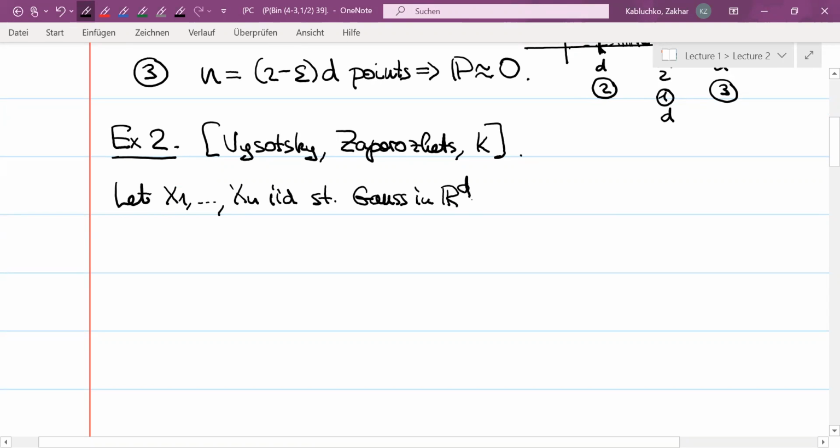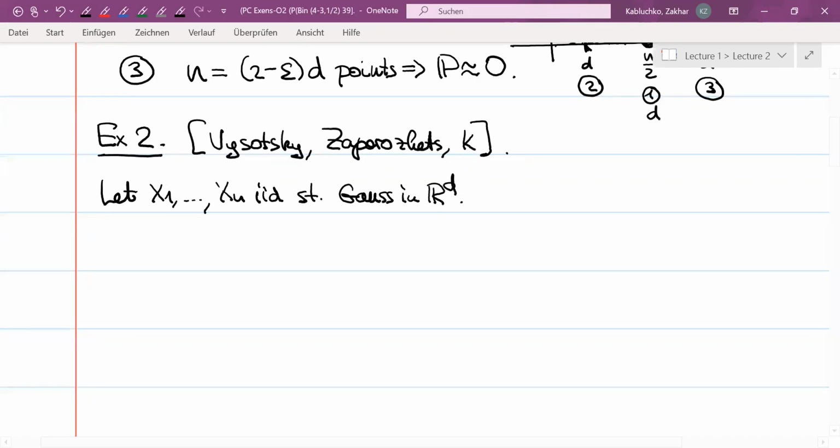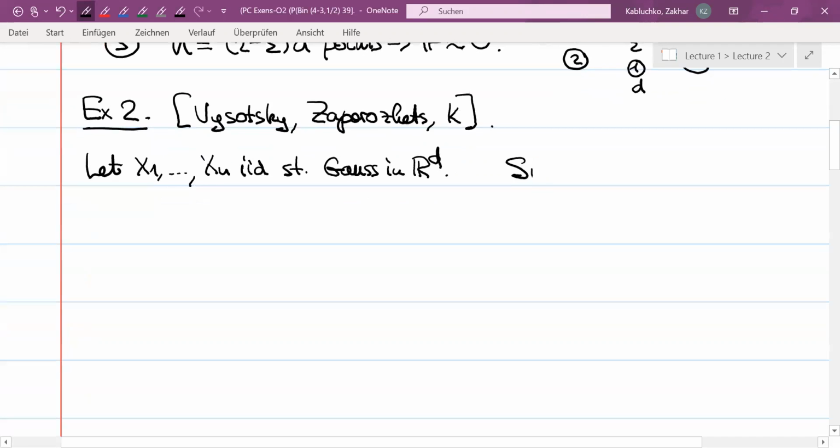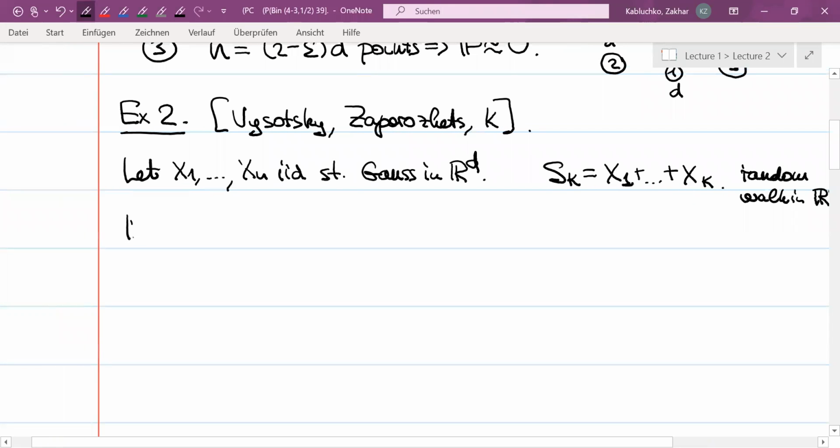In fact, the same thing holds for other distributions, but now let them be Gaussian. And we consider the Gaussian random walk with increments xi. So sk is a Gaussian random walk in R^d. And let us ask, what is the probability that 0 is contained in the convex hull of this random walk?